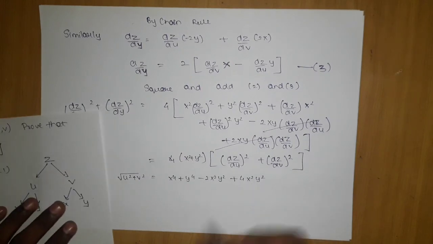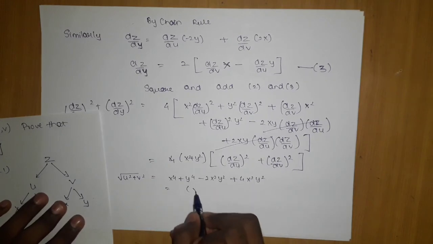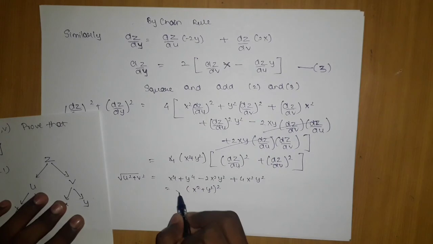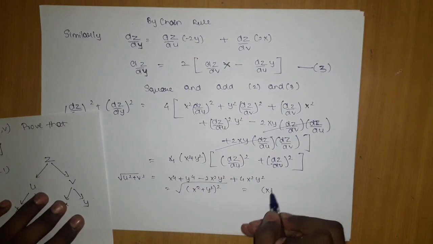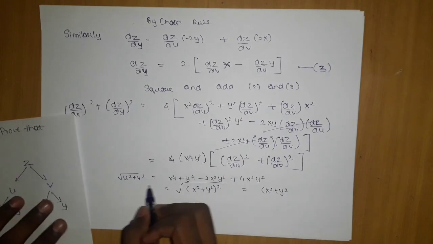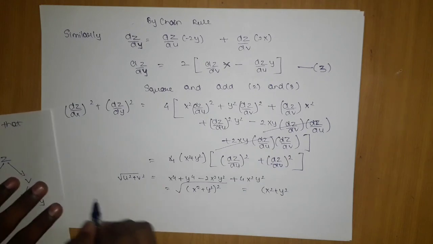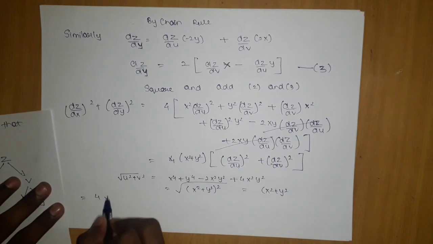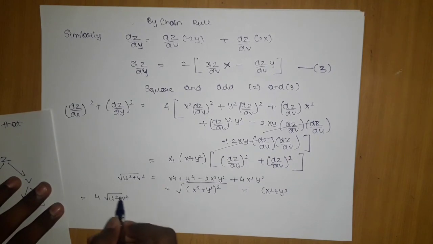This will cancel out and we will be left with (x square plus y square) the whole square. So under root, it will be x square plus y square. You have to mention it in the next step, so I am writing the next step, which will be 4 times under root u square plus v square.